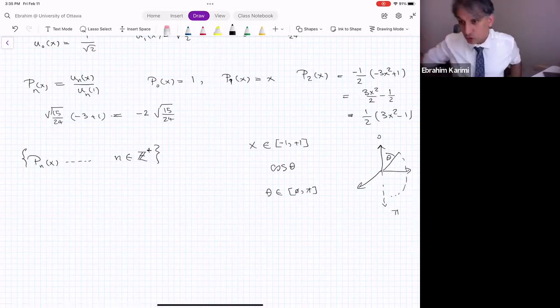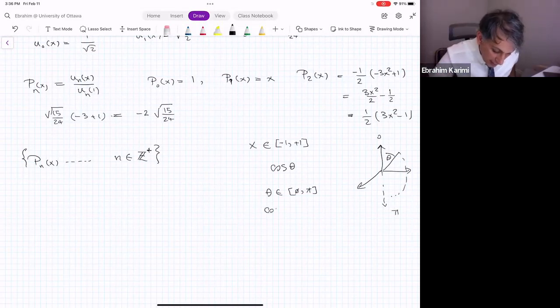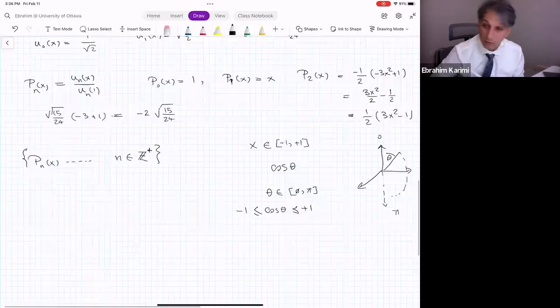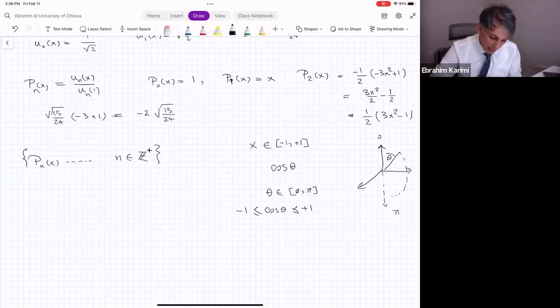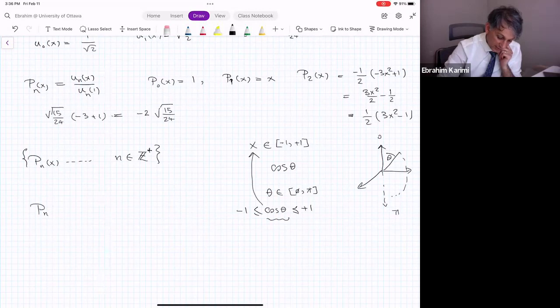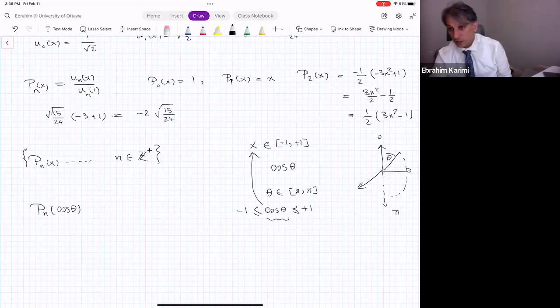Remember, it's not going from 0 to 2 pi. And then what is the range of cosine of theta? It is between +1, at 0, to -1, at the South Pole. So essentially, cosine of theta looks like x for our calculation. Then usually in physics, you will see Pn of cosine of theta, which is the form that usually shows up in spherical coordinates as a set of orthogonal functions.